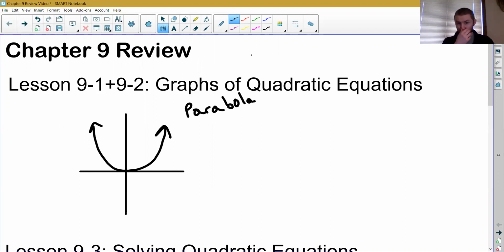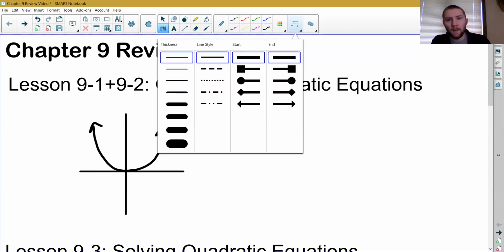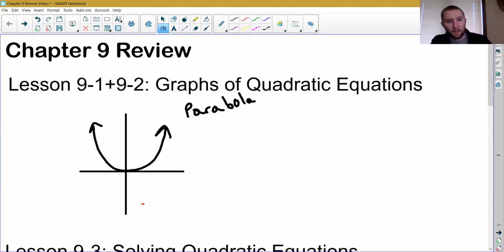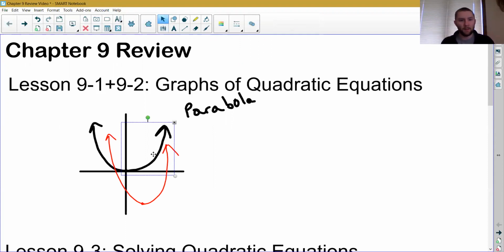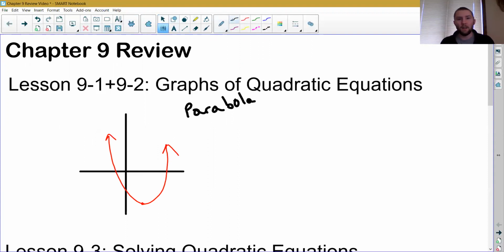For example, if I graph a quadratic equation here in red, if it starts down here and goes up like that, this red graph has two solutions, because we can see two places where this quadratic equation crosses over the x-axis.